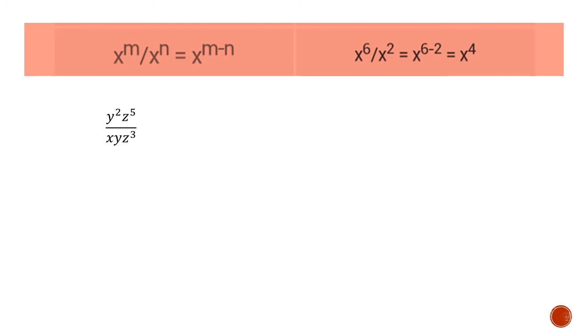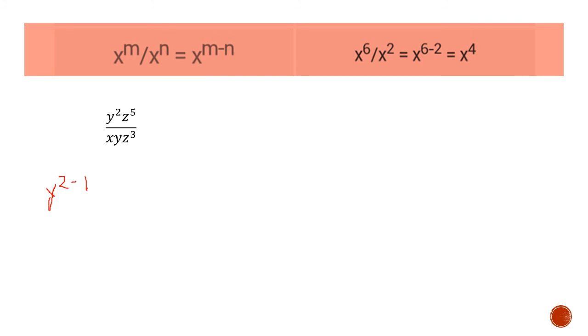So here we have y raised to 2 multiplied by z raised to the 5th all over x, y, z raised to 3. So dito, yung parehas lang yung ating ima-minus. And yung natitira sa atin, kung nasa numerator man siya or nasa denominator, still remains on its original position. So, y raised to 2, ito 1, so y is 1.